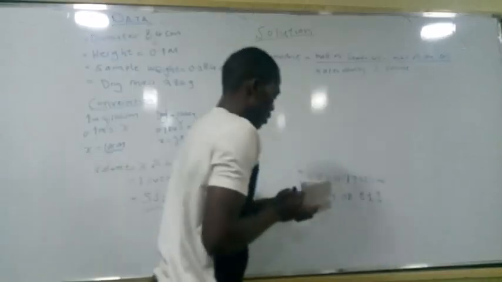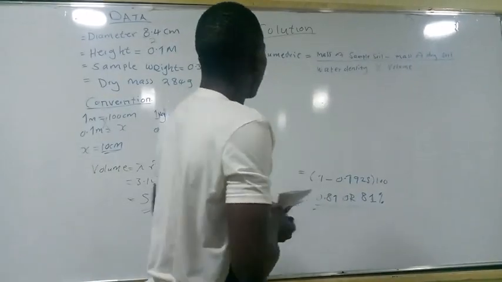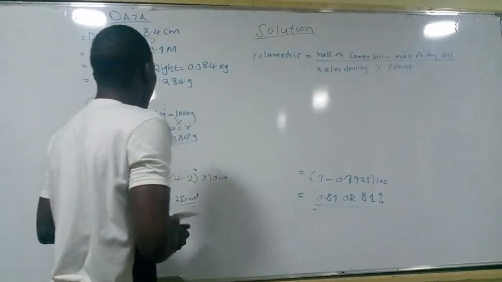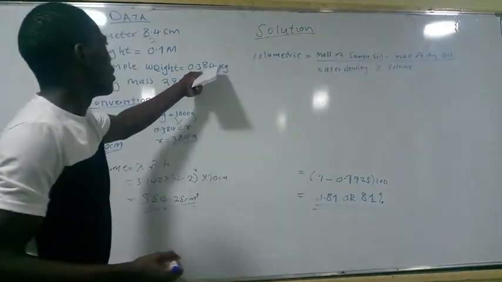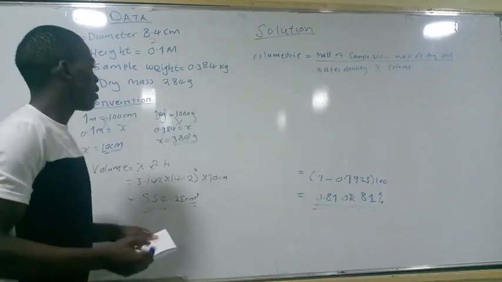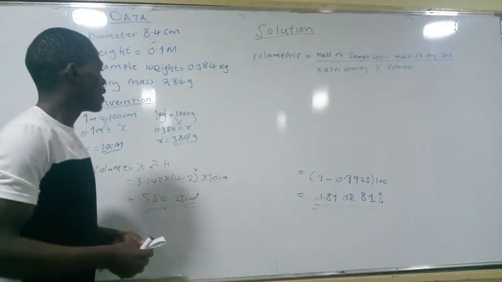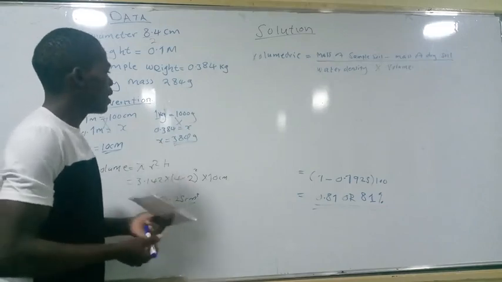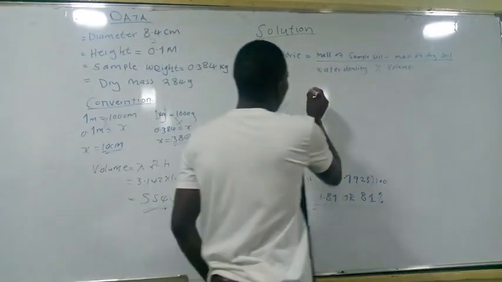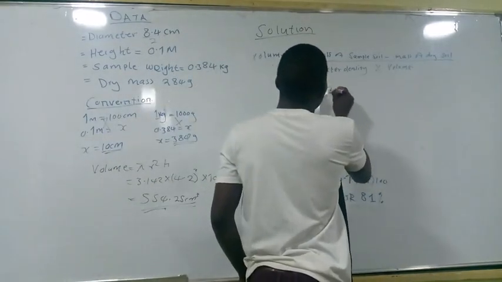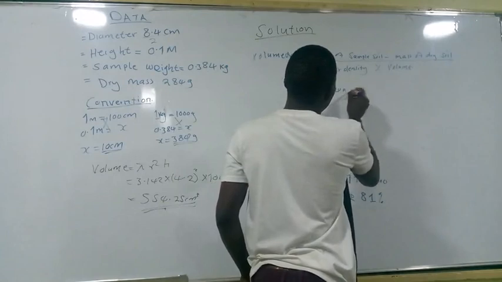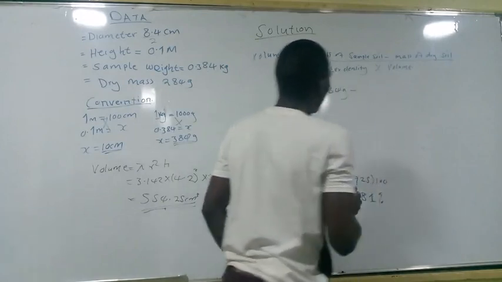Okay. Now, mass of sample soil, it's what? We're not going to use 0.384. Rather, we're going to use the one which has been converted into what? Grams, which is 384 grams minus the mass of dry soil.